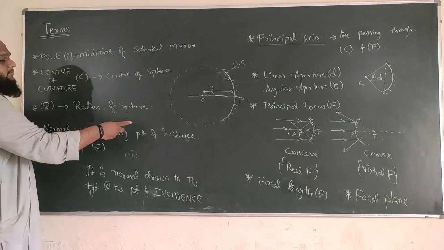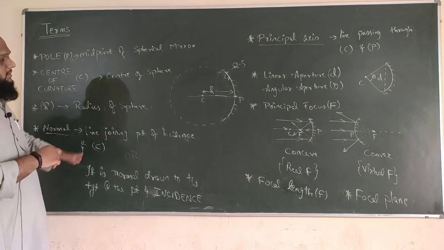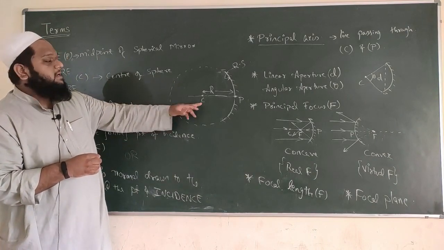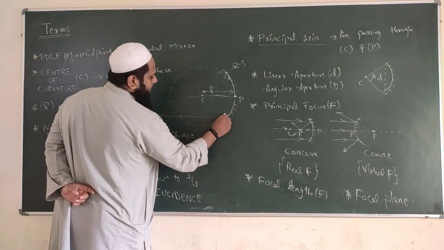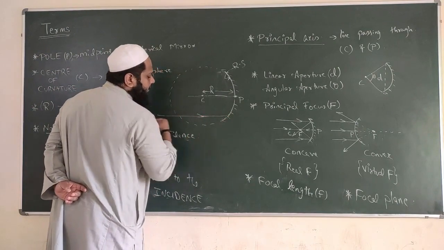Similarly, coming to the mirror, how will you draw the normal? It is the line joining the point of incidence and C, the center of curvature. The center of curvature is here. I need to find the point of incidence. For example, let me say I have a ray of light going this way.